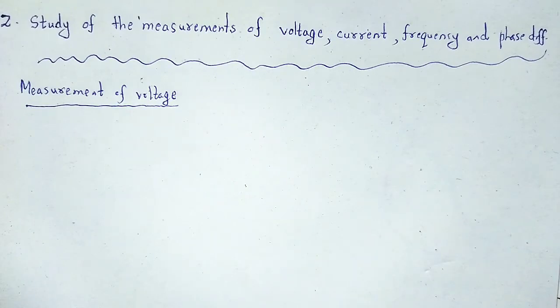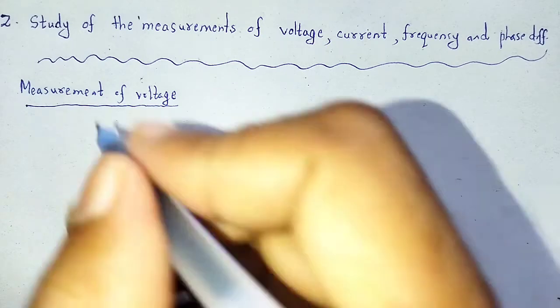We know that the deflection we observe on the CRO screen is directly proportional to the voltage applied across the deflecting plates. If voltage is high, then the deflection is high and vice versa.